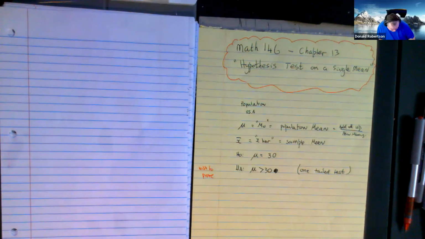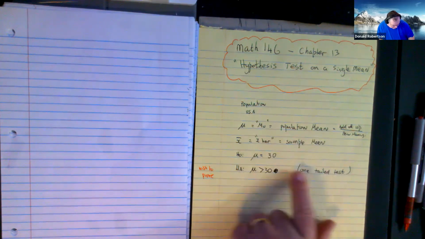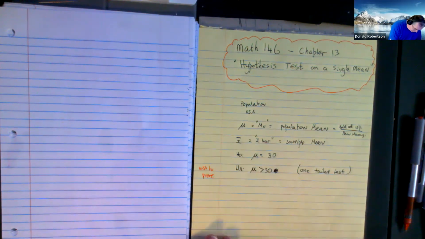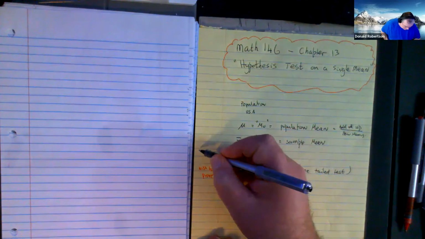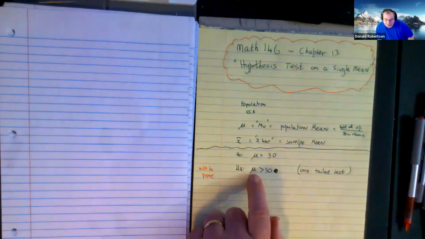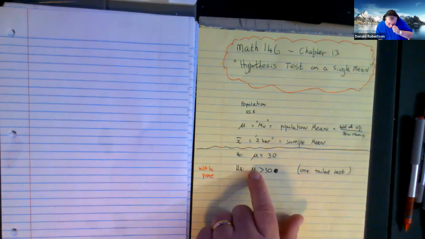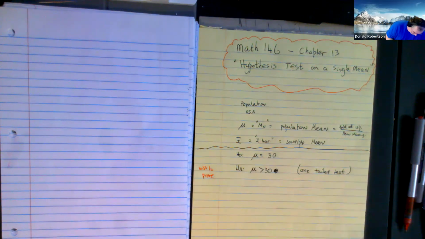So mu is a population mean, X bar is a sample mean. Mu equals 30 is the null hypothesis. That basically means nothing's changed, it's still 30. This is that it's greater than 30. Fair enough.